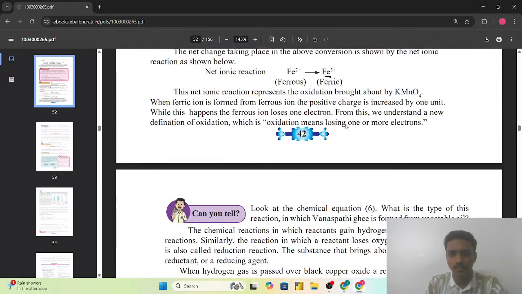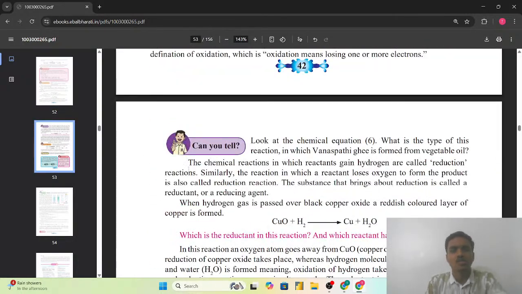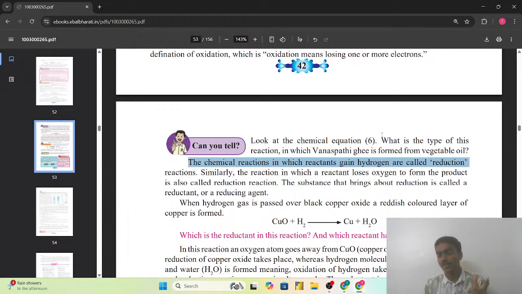So the chemical reactions in which a reactant gains hydrogen are called reduction. What we saw is that vegetable oil reacts with hydrogen gas, which leads to the formation of vanaspati ghee, with the reaction taking place in the presence of nickel as the catalyst and 60 degrees Celsius as the temperature.